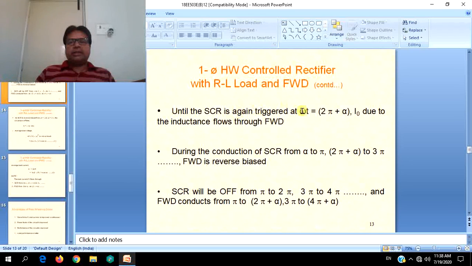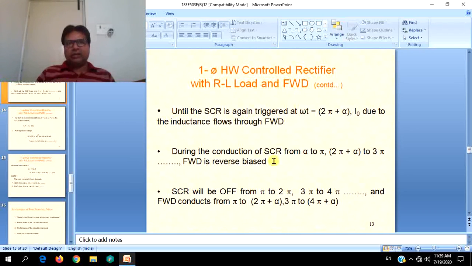Until SCR is again triggered at omega t equal to 2 pi plus alpha, I0 due to the inductance flows through the freewheeling diode. During the conduction of SCR from alpha to pi, 2 pi plus alpha and so on, freewheeling diode is reverse biased, or simply to say, during the conduction period of the SCR, freewheeling diode will be reverse biased or it will not be conducting, and vice versa.